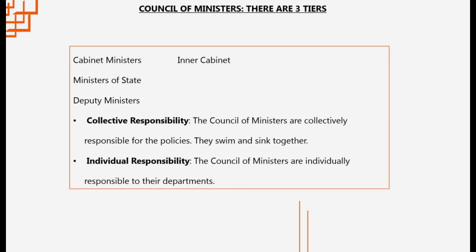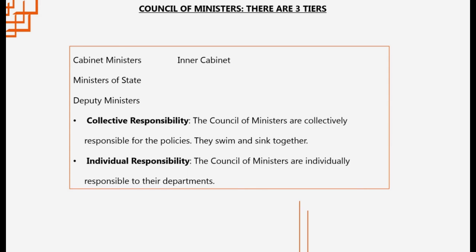Collective responsibility or joint responsibility. One of the features of parliamentary system is collective responsibility. Article 75(3) states that the Council of Ministers is collectively responsible to the Lok Sabha.